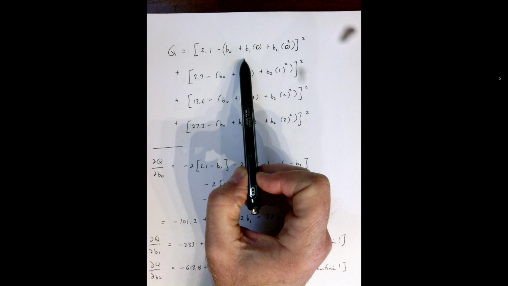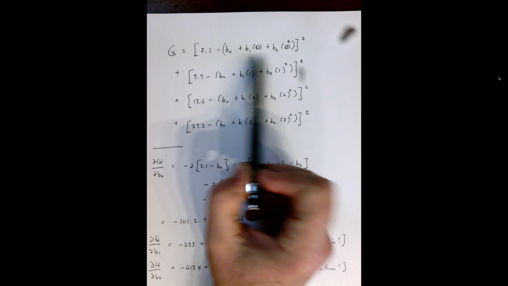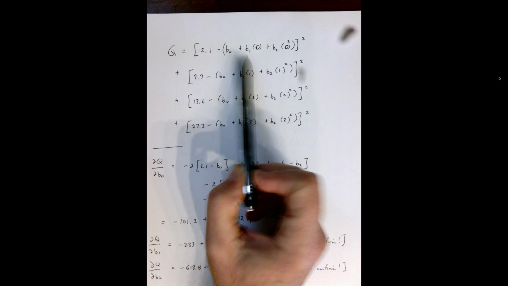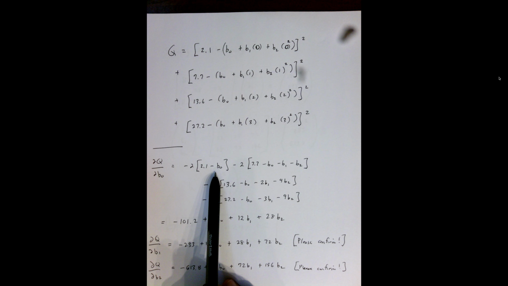Next thing we do is we look at the partial with respect to b0. So if I look at the first term, I'm going to have a 2 times this expression times the derivative of the inside part with respect to b0, which will be a -1. So we get -2 times (2.1 minus b0).